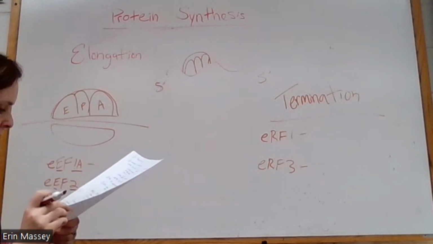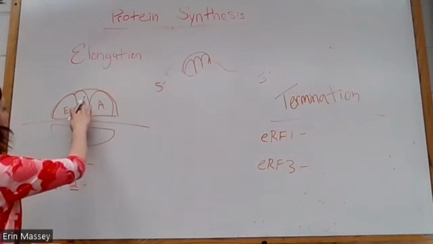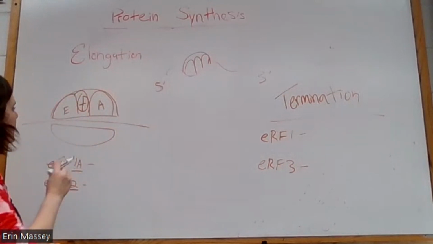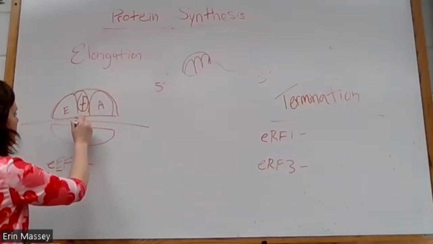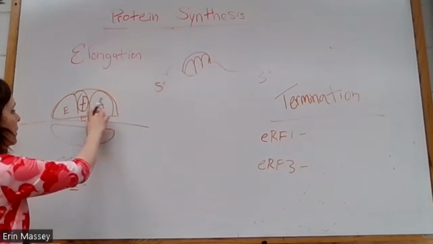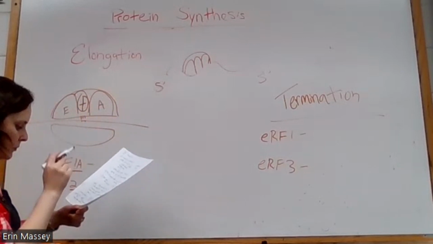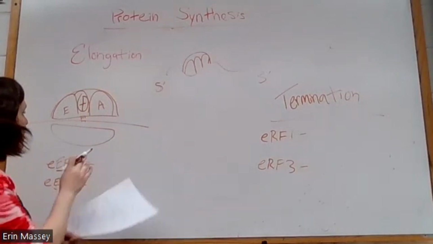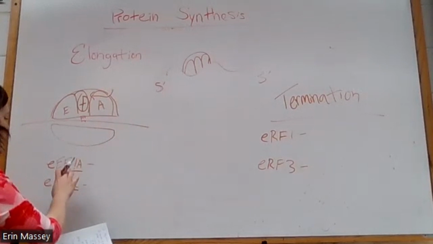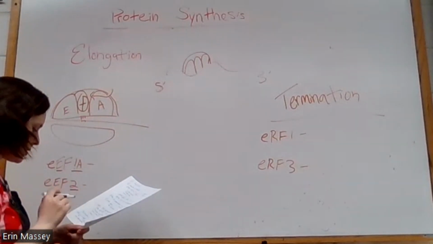What does 1A do? 1A moves your tRNA, which again takes up residence right here, right? Anticodon, binding to your codon. It's going to start in here, but it's going to mainly put you guys in here. It moves the tRNA, comes into A. That's what 1A is going to be doing, assisting in transport.